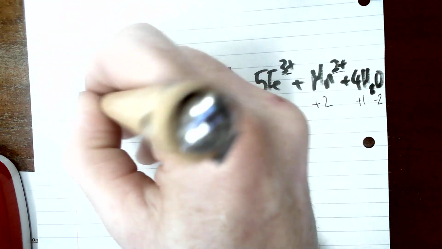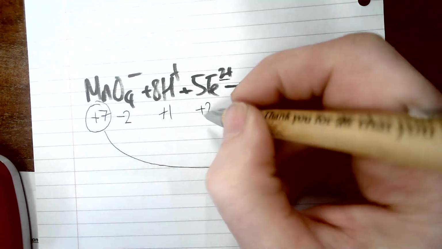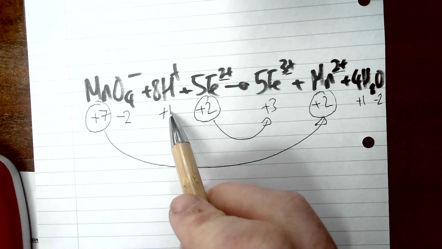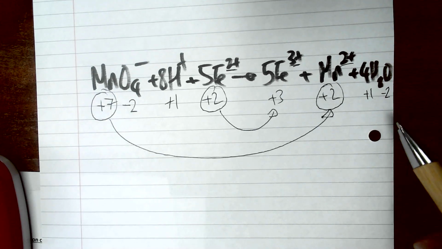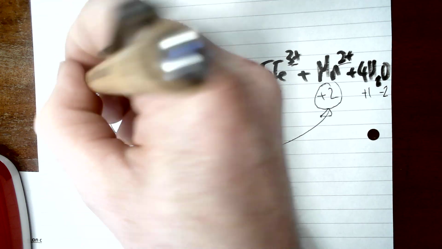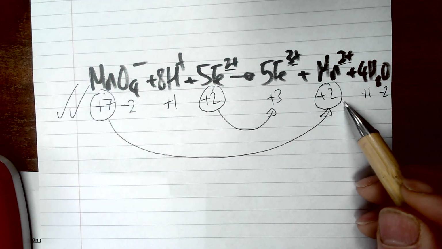The manganese has gone from +7 to +2, and the iron has gone from +2 to +3. Hydrogen has stayed +1, oxygen -2. So this is definitely a redox equation, because these numbers have changed.